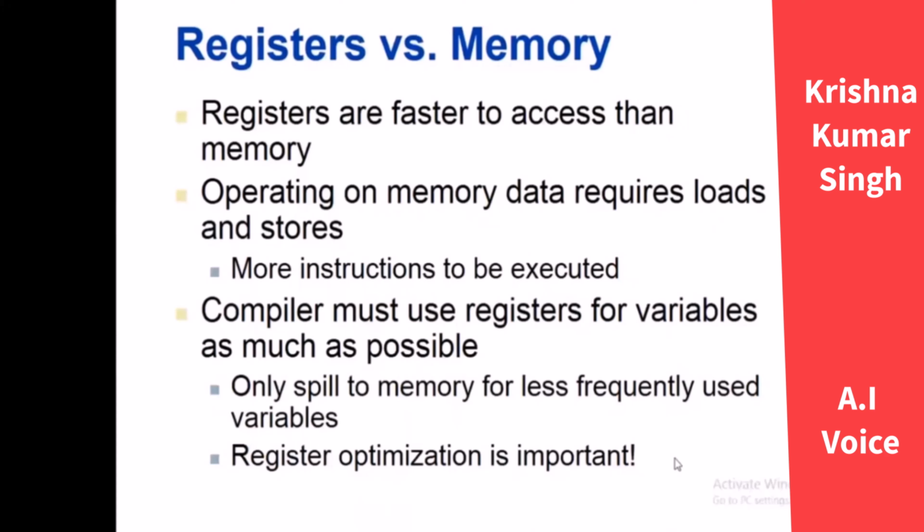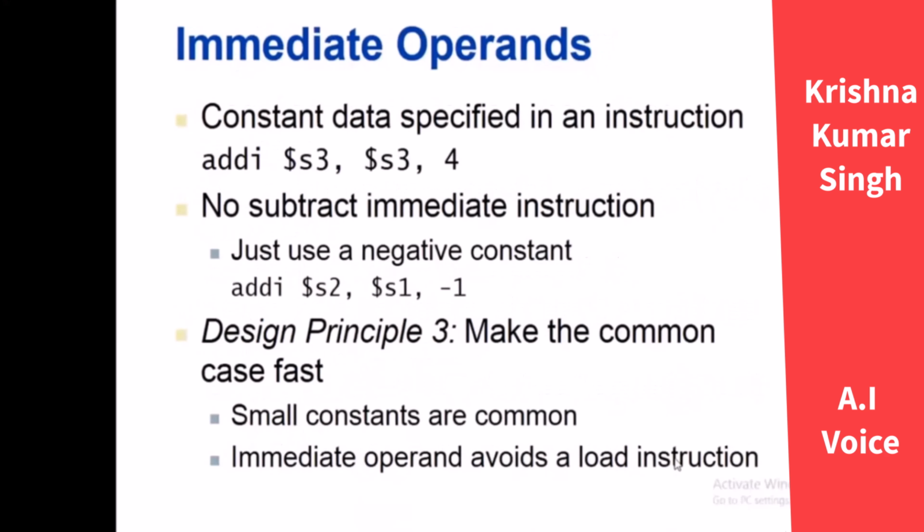In MIPS, since we have a lot of registers, we can easily store all of the most frequently used variables inside those registers and then access that data by using the register. Another way to provide the operands for an instruction is using immediate data. For example, we want to add a constant value to the content of one register.